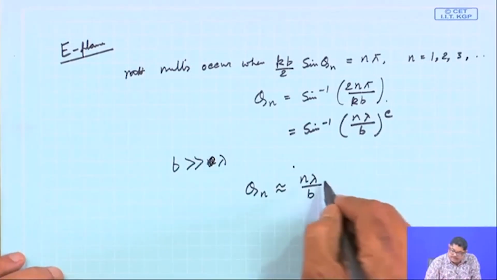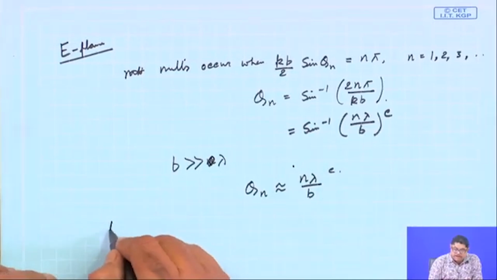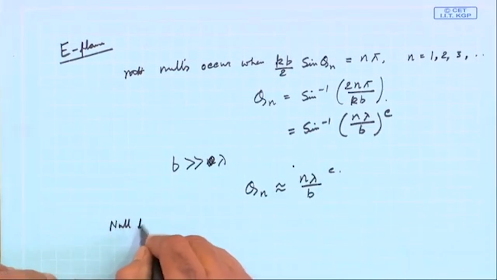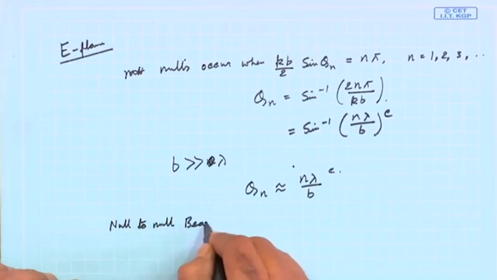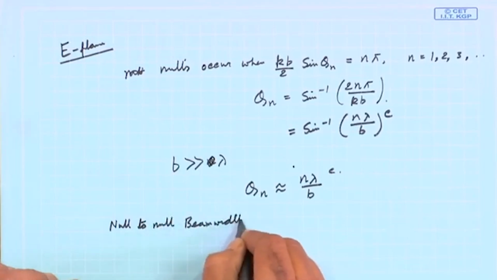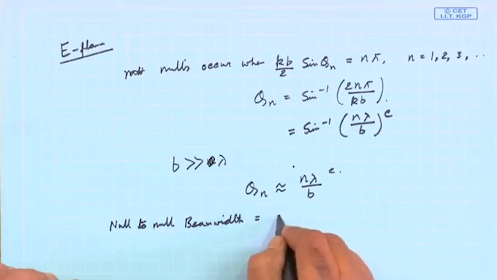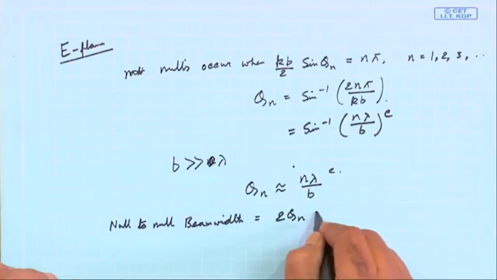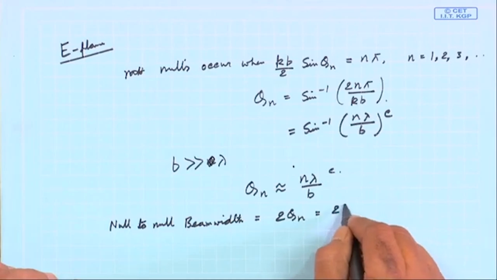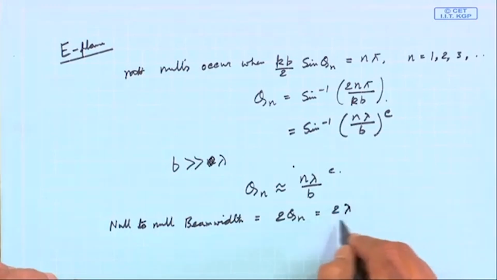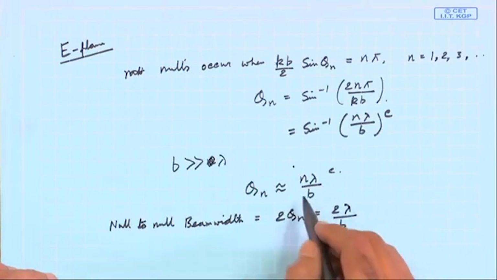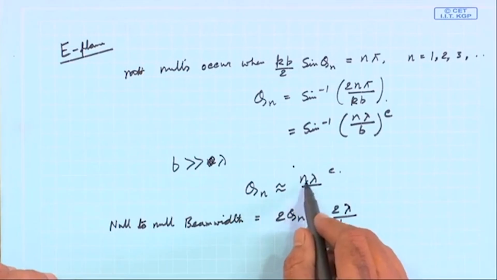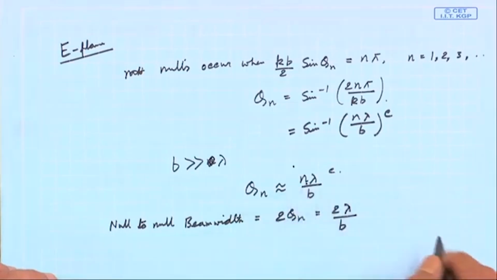So, what will be the null to null beam width? That will be 2 theta n, and that will be 2 lambda by b, putting the first null, so n is equal to 1.